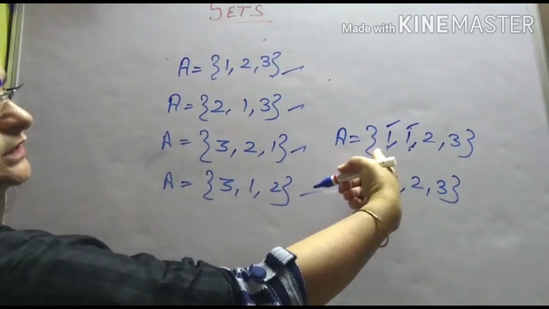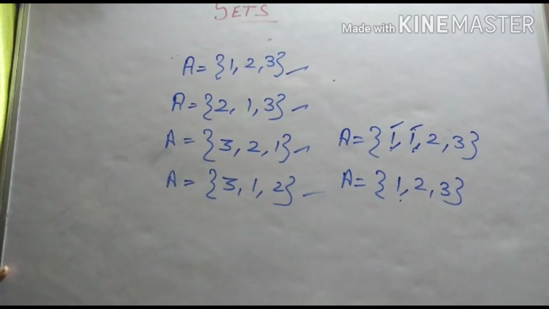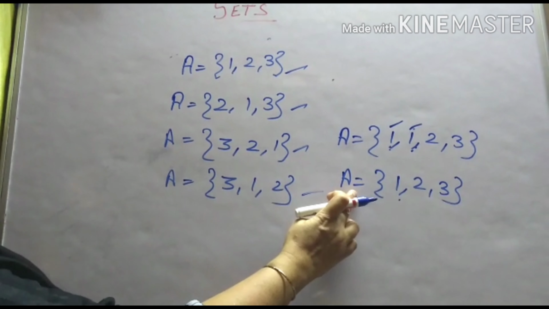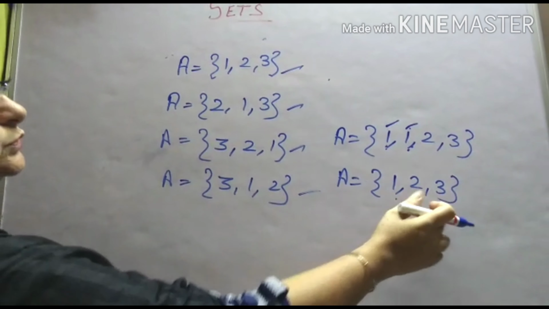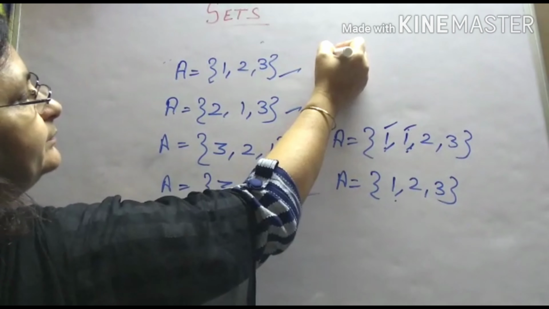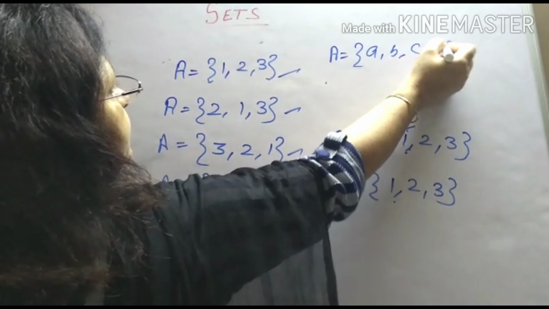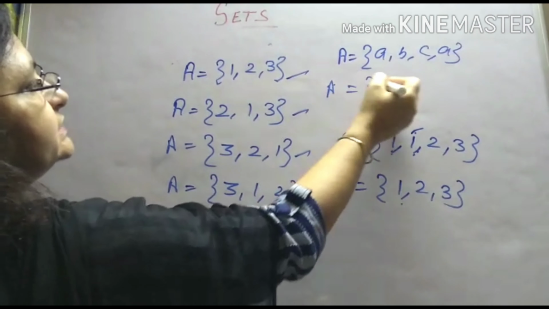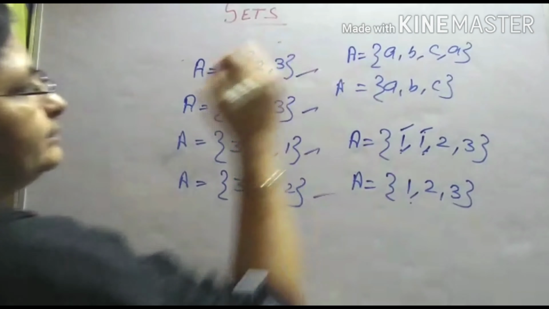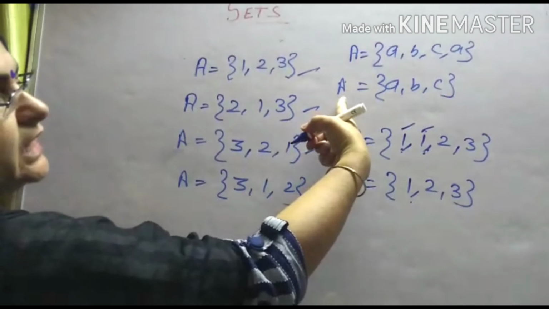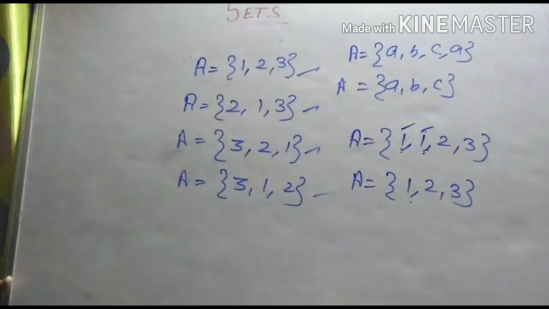So repetition is not allowed in a set. So we can write it simply as {1, 2, 3}. And for example, if we have {a, b, c, a}, then we can also write it as {a, b, c}. Members of this set are a, b and c.